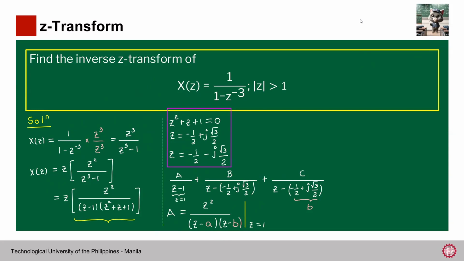Okay? Alright. So ang lalabas dito is 1/3, guys. Okay. So for B, let me write the B part here.